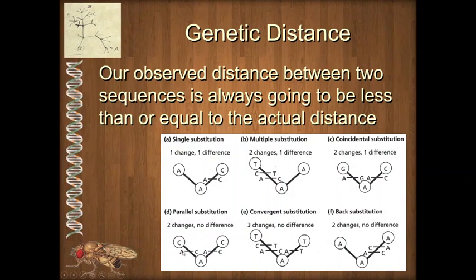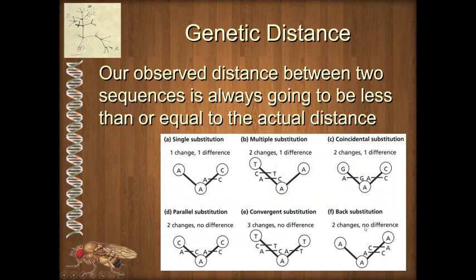And so occasionally, if we have a parallel substitution, even though there were a genetic distance of 2, in this case we're going to measure no genetic distance at all. So I would look at species A and species B and say, oh, look, they both have cytosine. There's no mutations that have occurred. When in reality, it's possible that more than one mutation occurred. And this can get more and more and more complex.